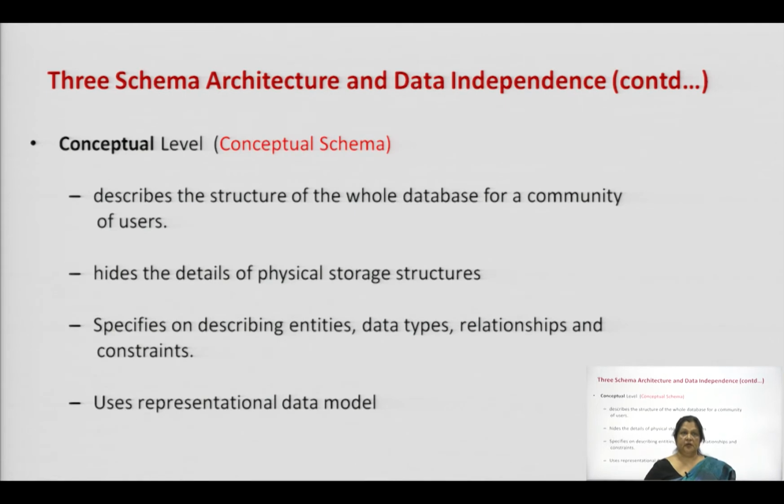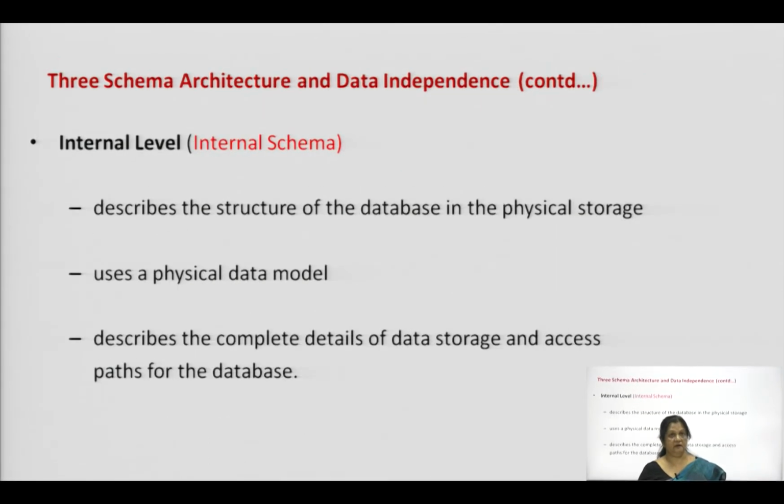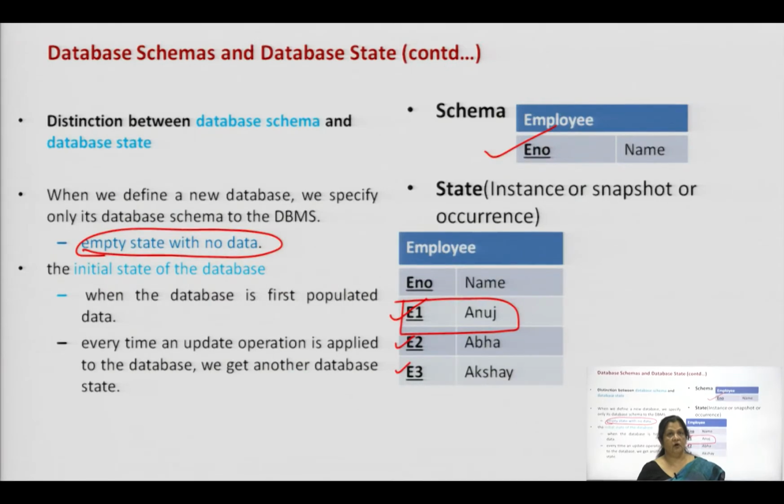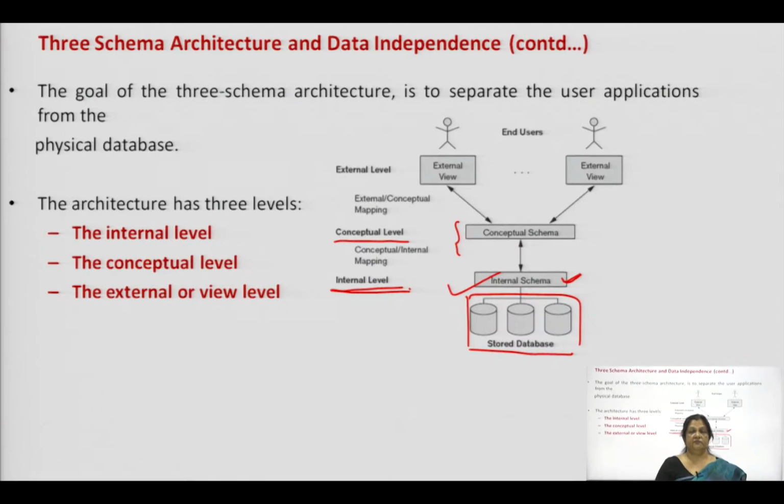It specifies the entities, the data types, relationships, and the constraints, and it uses the representational model that we have just done, right. So, at the conceptual level, we have the database in the form of tables or relations.